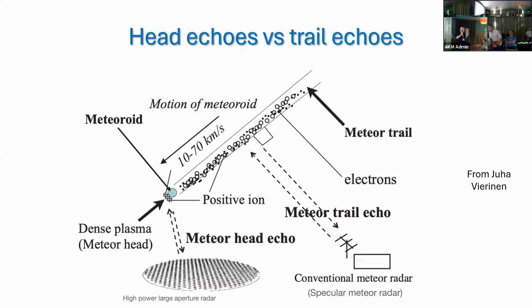These are typically specular and can be studied by conventional meteor radar, while this workshop was mostly dedicated to head echoes. This is the dense plasma region in front of the object and moving with the object itself. The radar cross-section is much, much lower, so they are usually studied with what we call high power, large aperture radar.